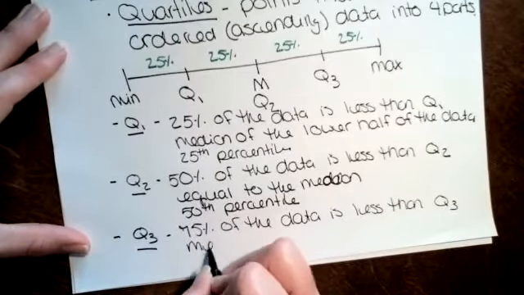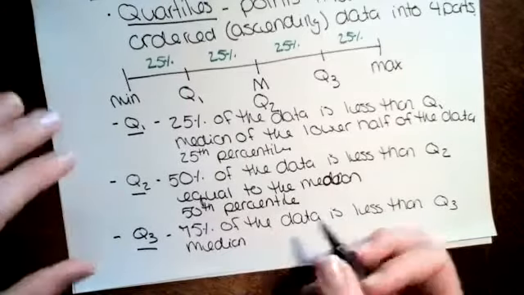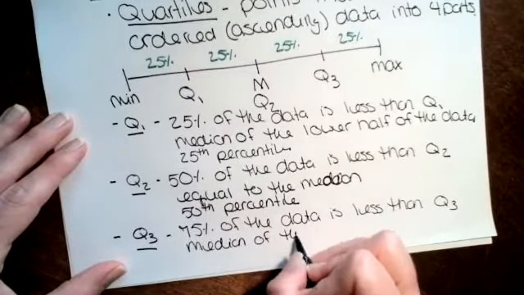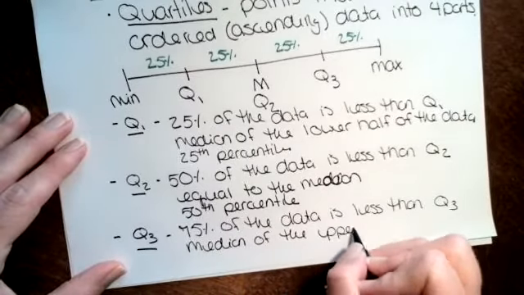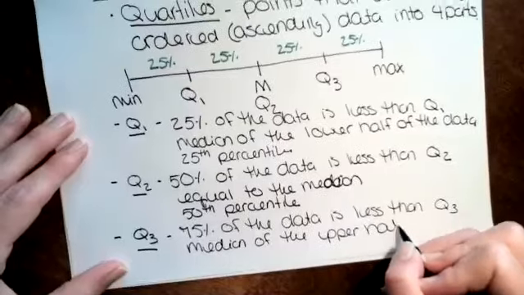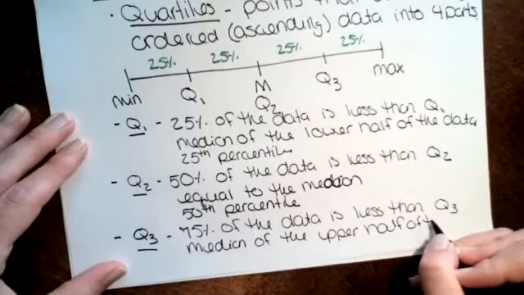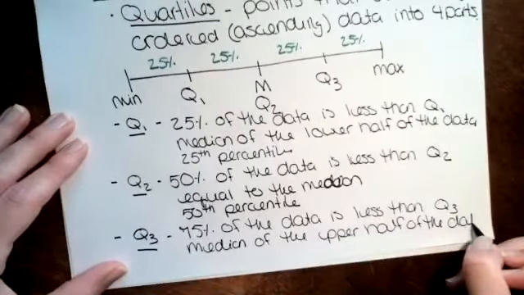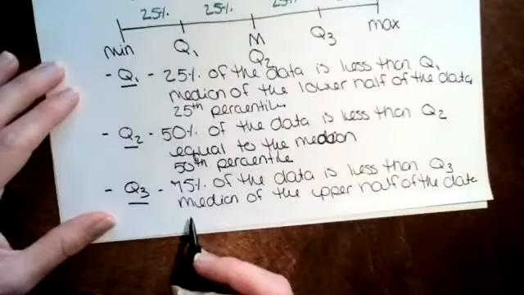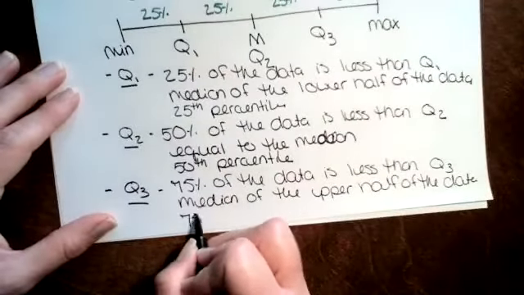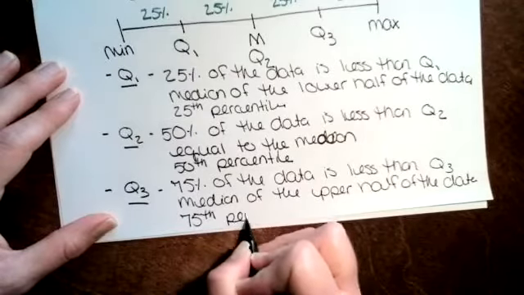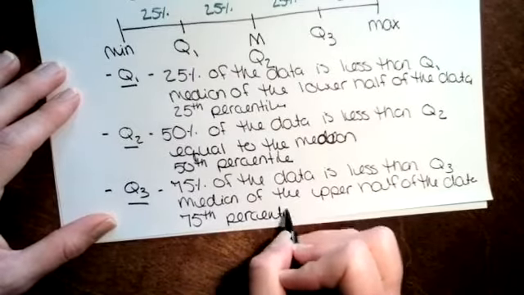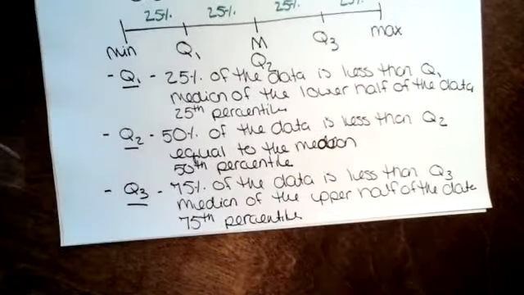This is the median of the upper half of the data. And here we can call this the 75th percentile. So these are special percentiles, and we're going to look at these.